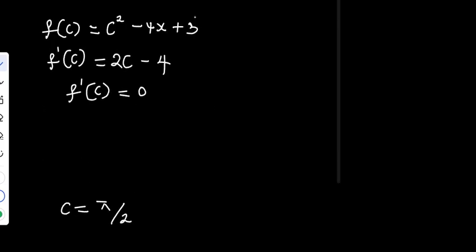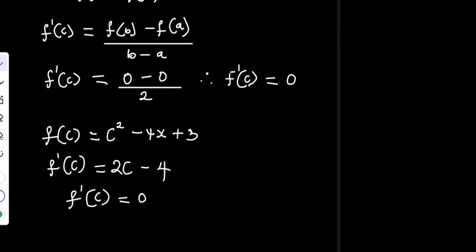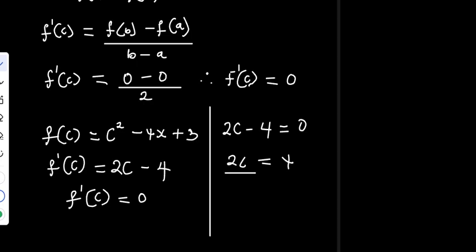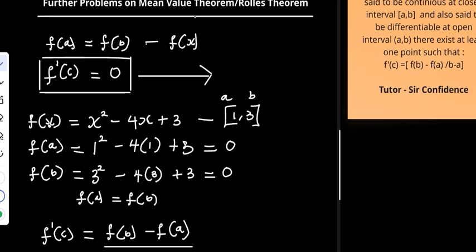So therefore, 2c minus 4 is equal to 0, and 2c is equal to 4. Then we divide both sides by 2, so c is equal to 2. And looking at the interval 1, 3, we have 2 existing in between 1 and 3.